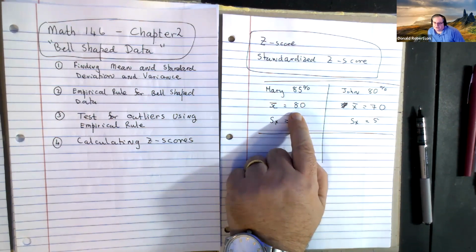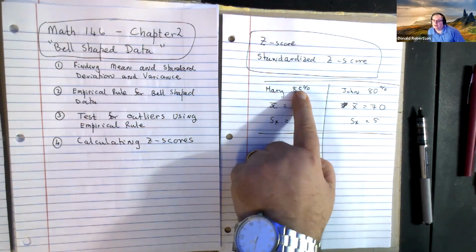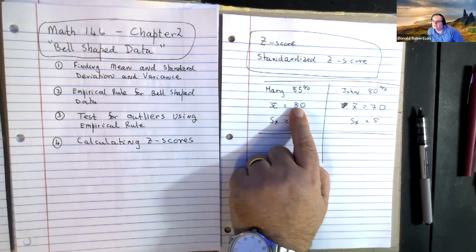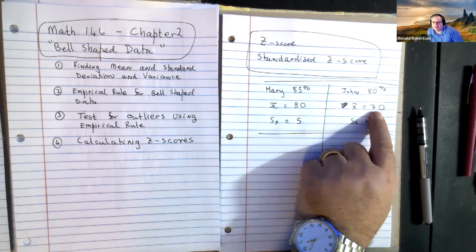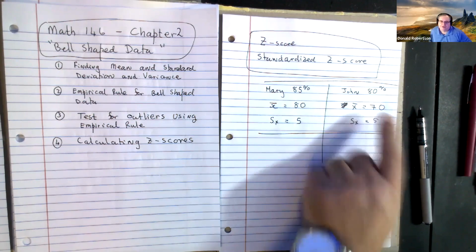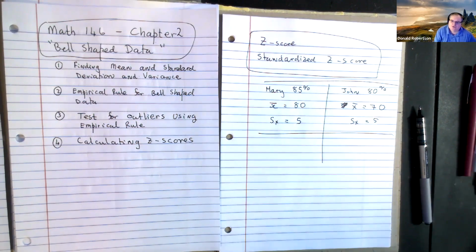Now you might say to yourself, Mary was in a class where the teacher was pretty lenient with the grades. In other words, it was easier to get an 85 in her class. Would you agree? Average is 80, 85. John, on the other hand, was in a class where the teacher was much stricter in the grading.